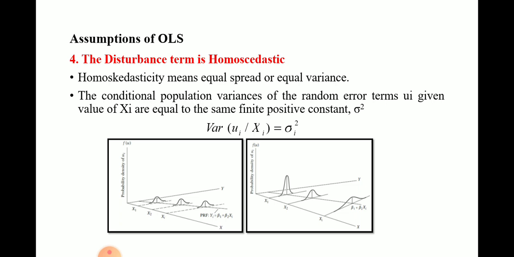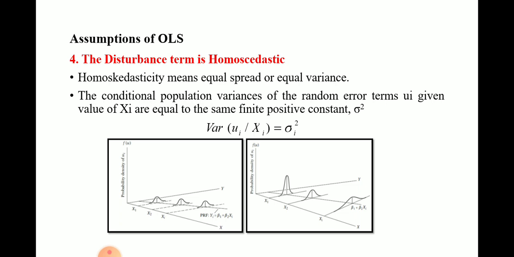So the variance of ui given xi is equal to the same value, that is small sigma square. Small sigma square is a notation to denote a constant value. So the variance of ui given xi should be equal to a constant positive value.